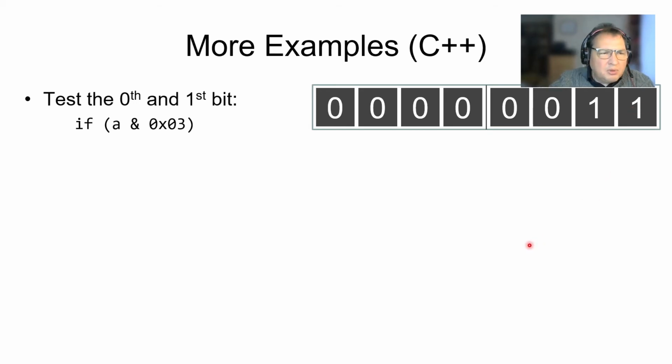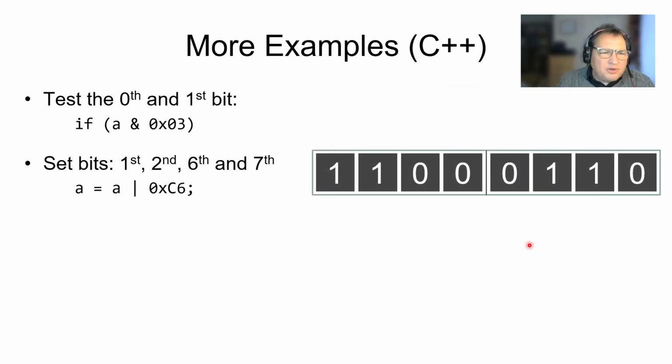The second example is about setting the 1st, 2nd, 6th, and 7th bit. And we have indeed 1st, 2nd, 3, 4, 5, 6th, and 7th bits shown here.